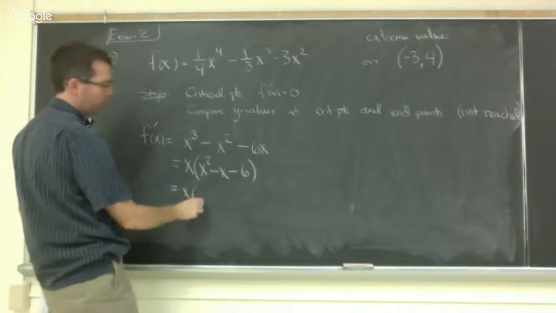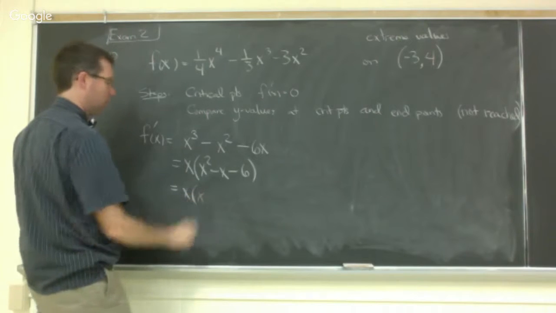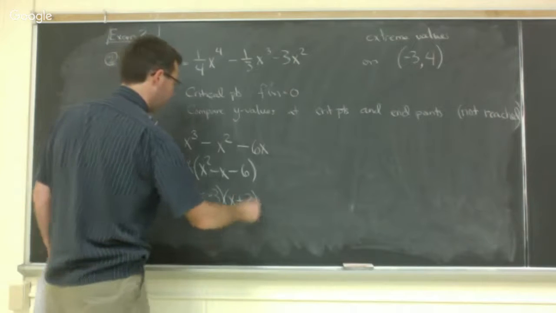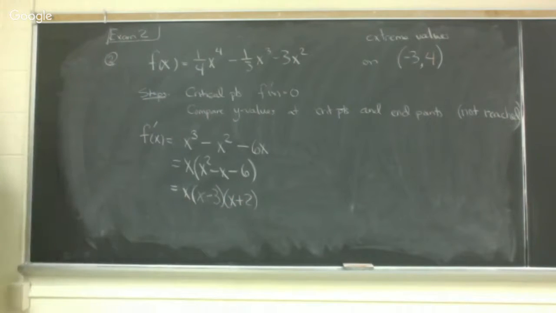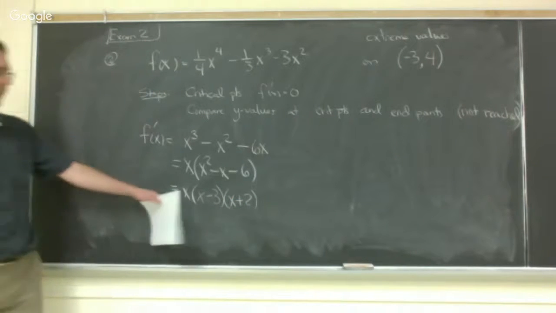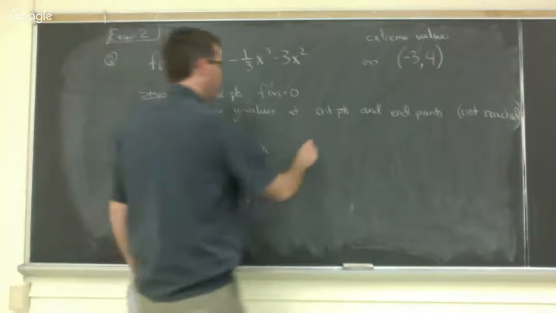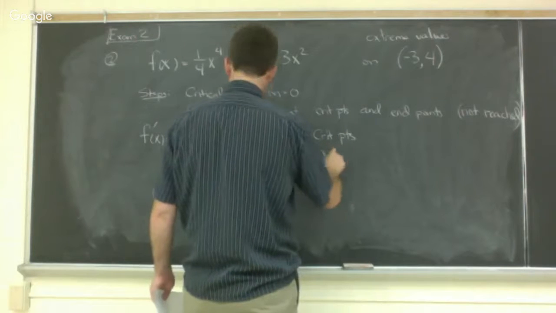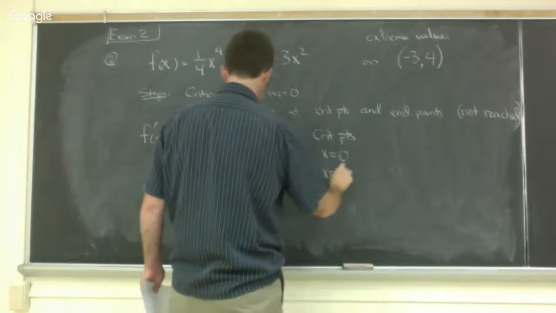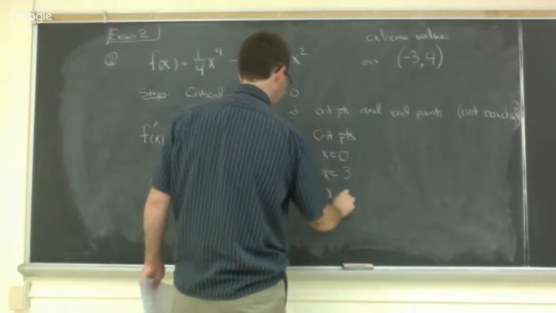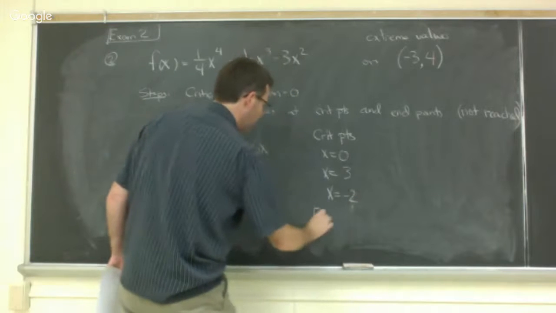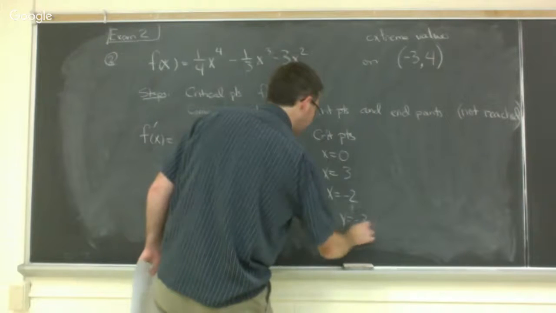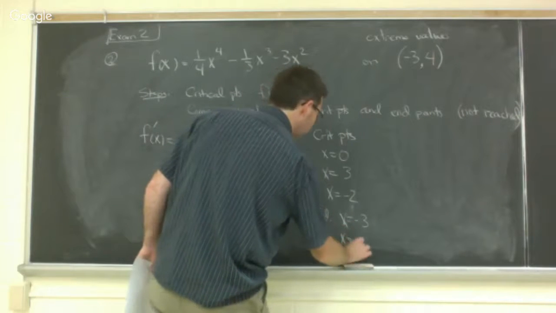That's x times x minus 3 times x plus 2. So I have 3 critical points: x equals 0, x equals 3, and x equals minus 2. My endpoints are x equals negative 3 and x equals 4.